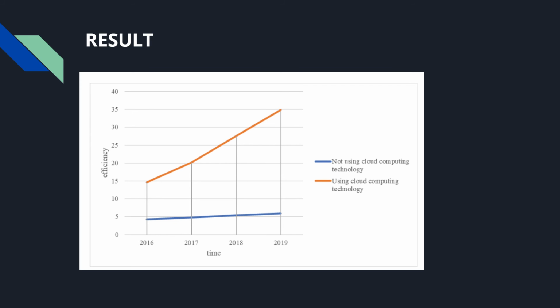This shows that cloud computing technology can significantly improve the efficiency of metal exploration, can accurately explore deep geological metals, and can quickly process a large number of complex unstructured data.